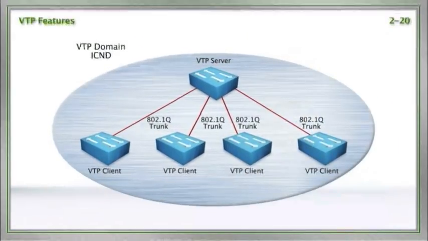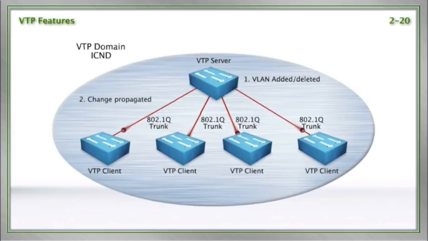If you decide to use it in your network infrastructures, it really can make life pretty simple. You're going to configure a VTP server, like that device up in the top of this illustration. And what's going to happen is you'll go and add or delete a VLAN to that VTP server. And then notice it's got a bunch of devices below that are set up as VTP clients.